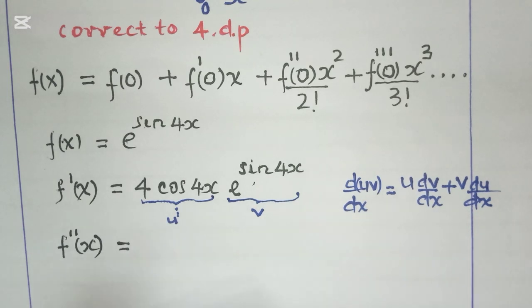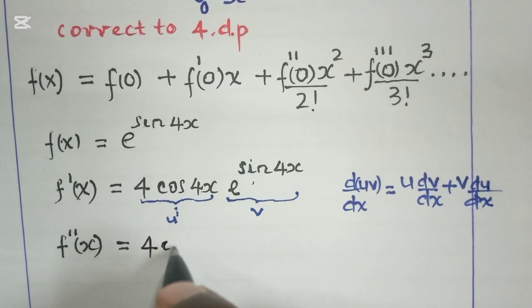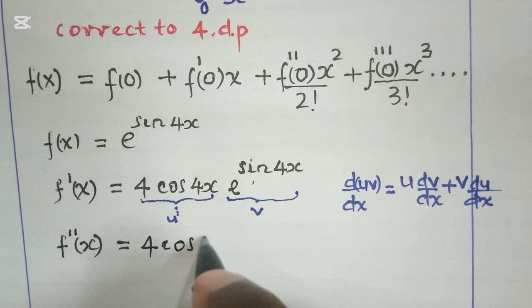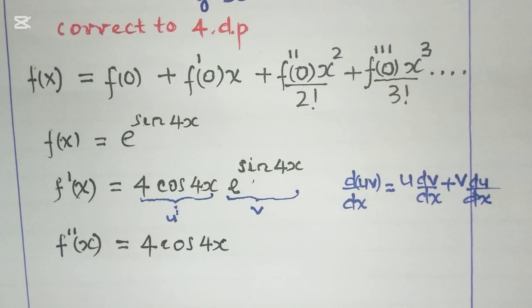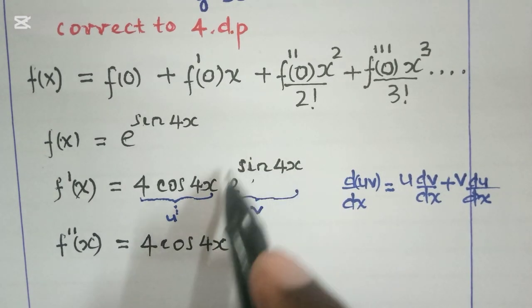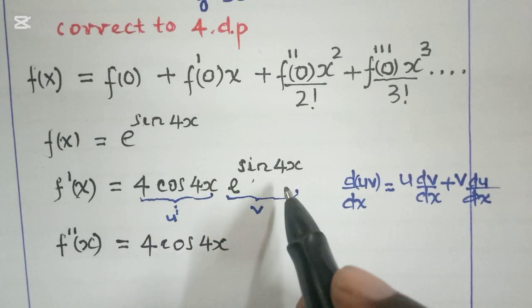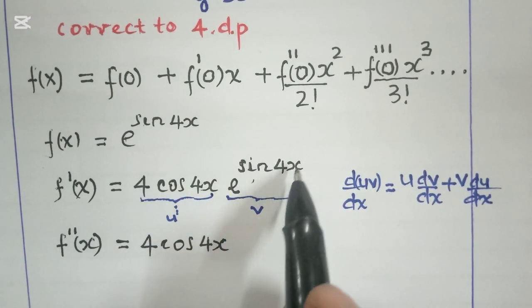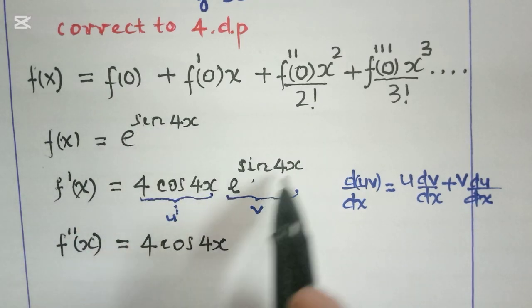So we begin with u, we just write 4 cos 4x, like that. Then we come and differentiate dv/dx. Guys, if we differentiate this, remember we are going to get the whole of that, because this is that, and when we differentiated this, we got this.